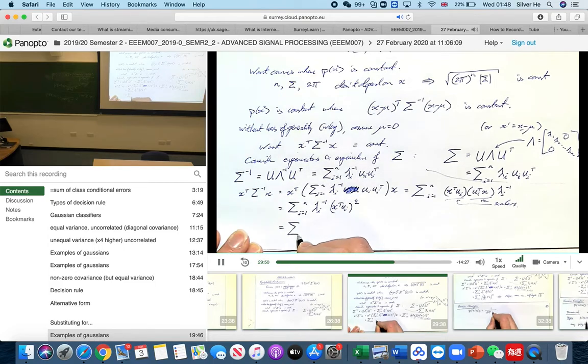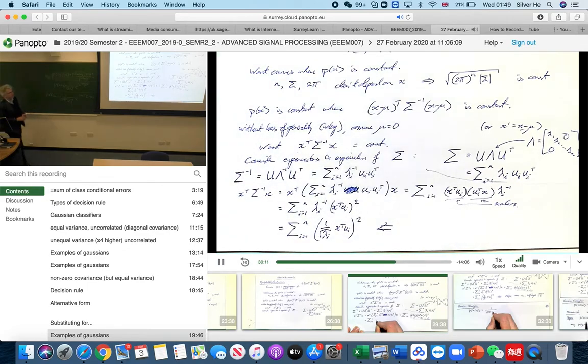Or writing it another way, sum from i equals 1 to n of 1 over the square root of lambda i, x transpose ui squared. And this formula, anyone recognize the formula for this shape?